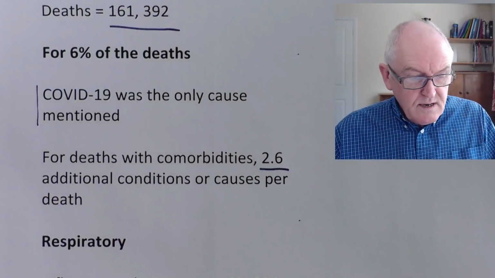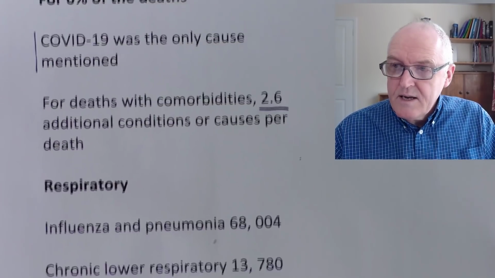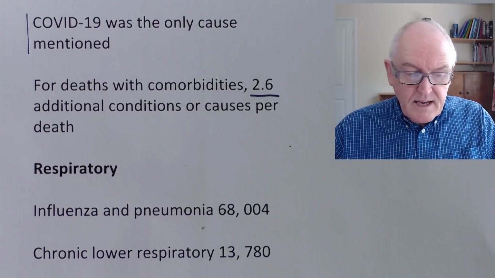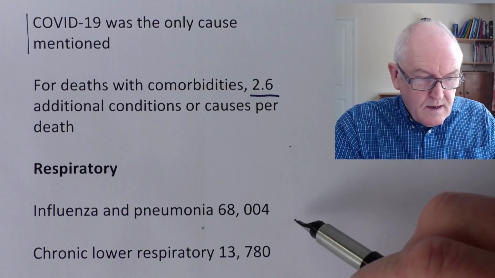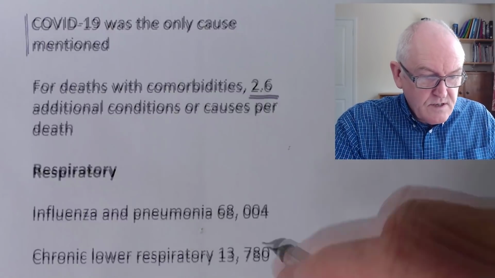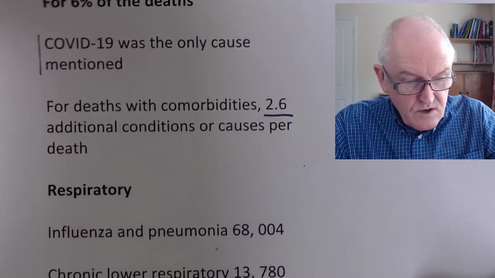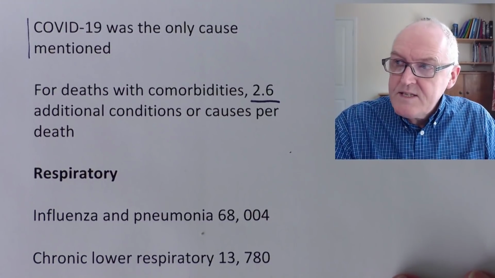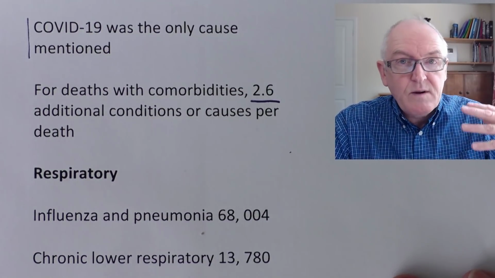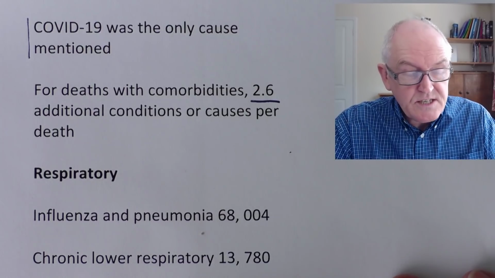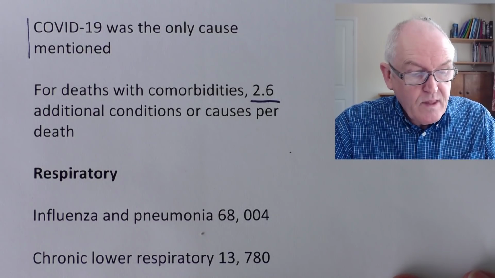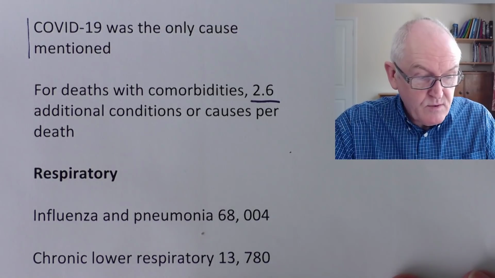Now, if we look at influenza and pneumonia here, 68,000 deaths. 68,000 of this 161,000 deaths had influenza and pneumonia. Now, most of the influenza deaths, of course, were early on in the pandemic, when we still had the tail end of last year's influenza outbreak, because we'll get influenza every year.